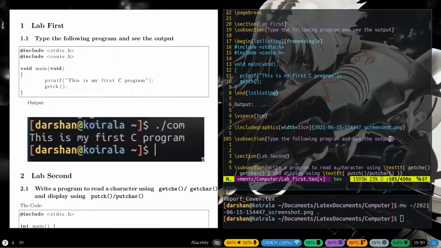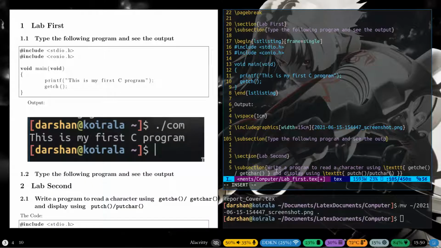Run with different input. Run the program with different inputs. I suppose there should be 2 or 3 screenshots now, because it is saying to run with different inputs right there.